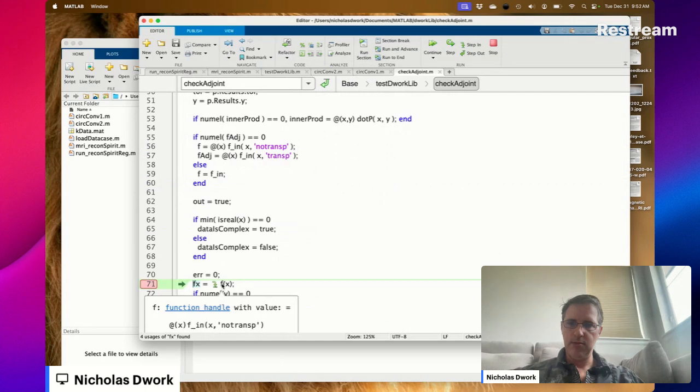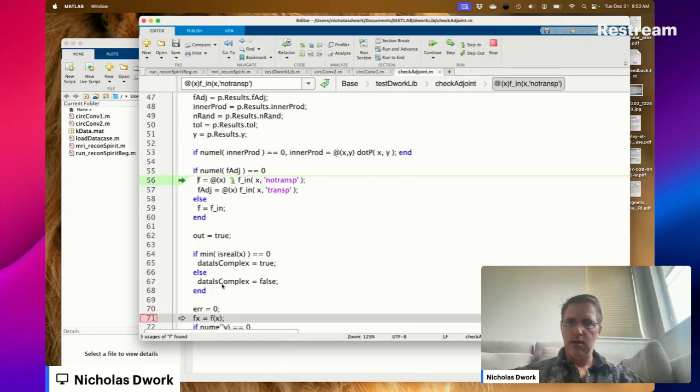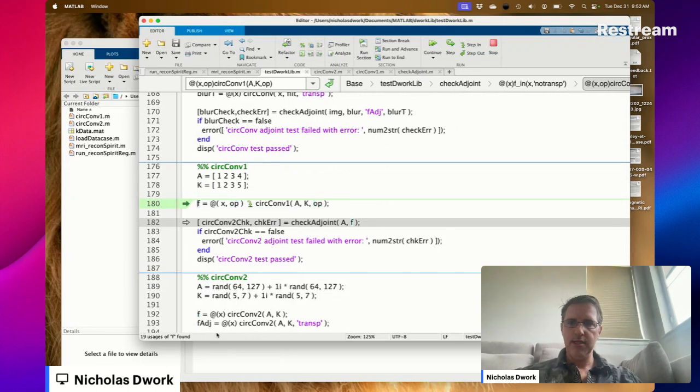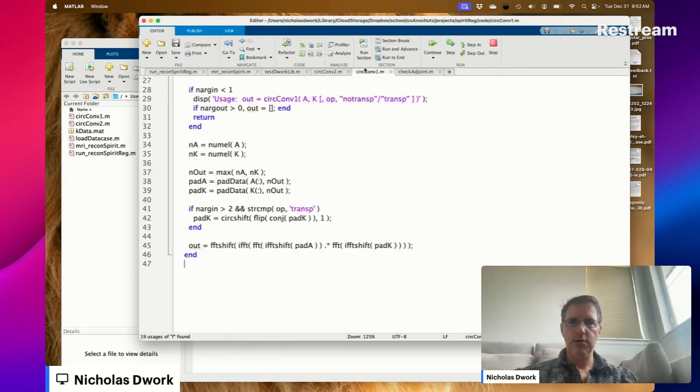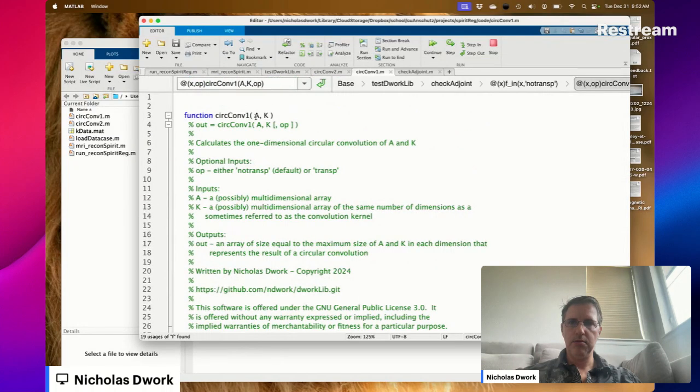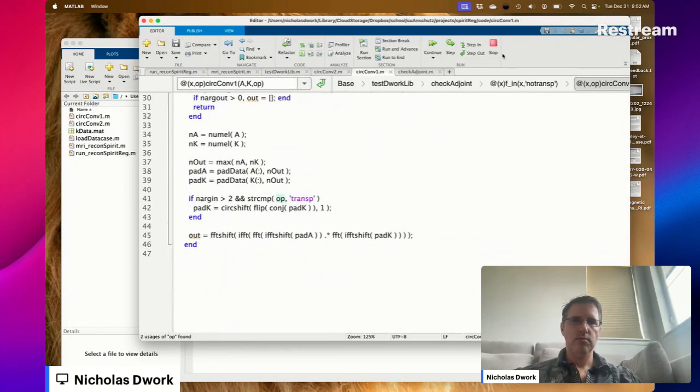F is F in of X with no transpose. F in does indeed accept two arguments. Does circular convolution 1 accept 3? No. That's the issue.